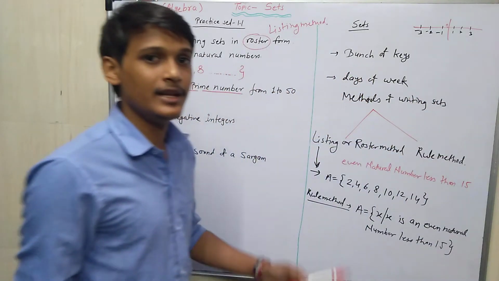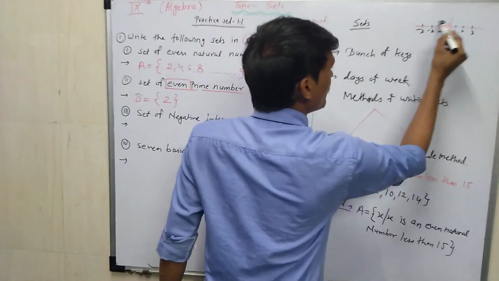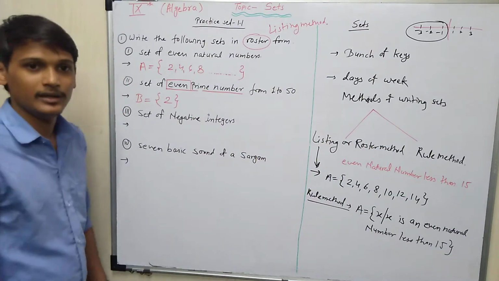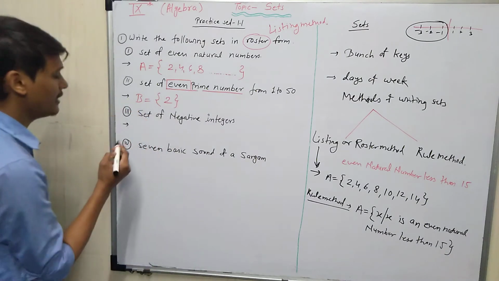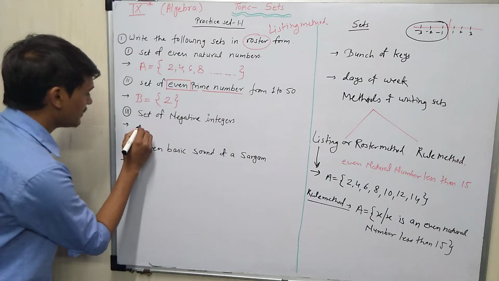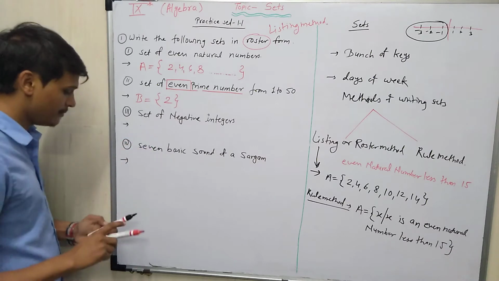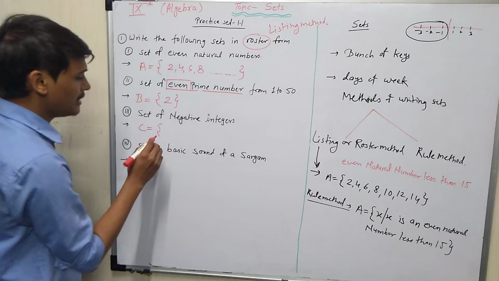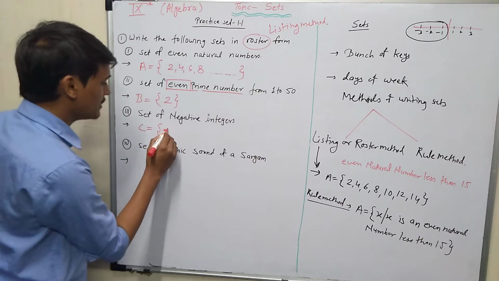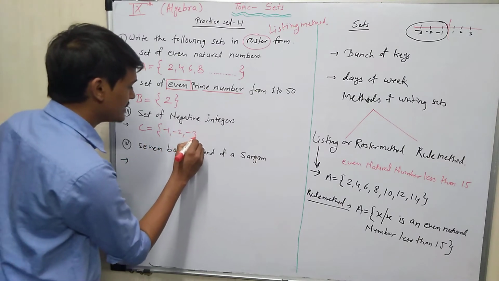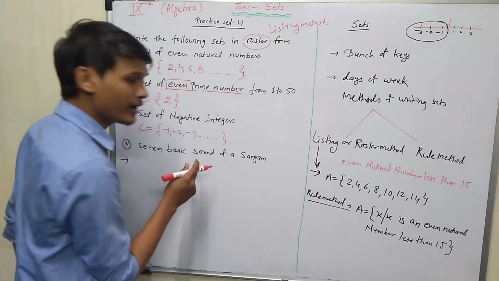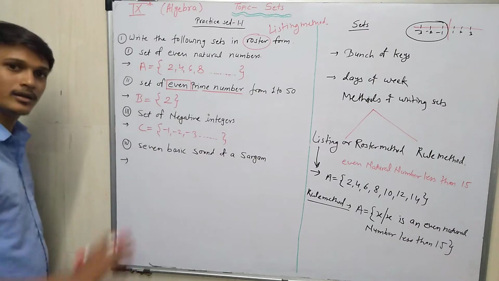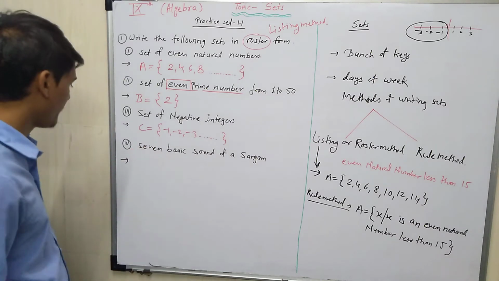These negative numbers are called negative integers. Then we denote it by C is equal to curly bracket: -1, -2, -3 and dots. You can also write -1, -2, -3 and dots. This is also right.